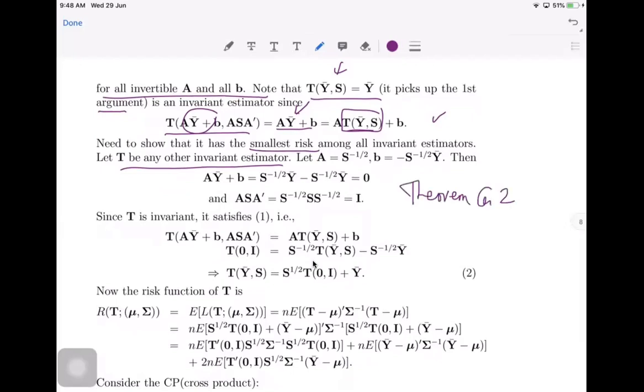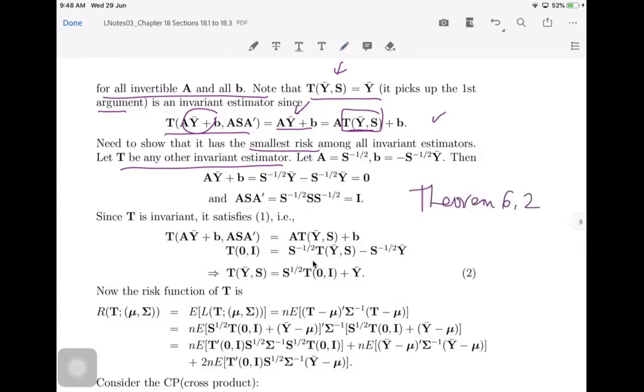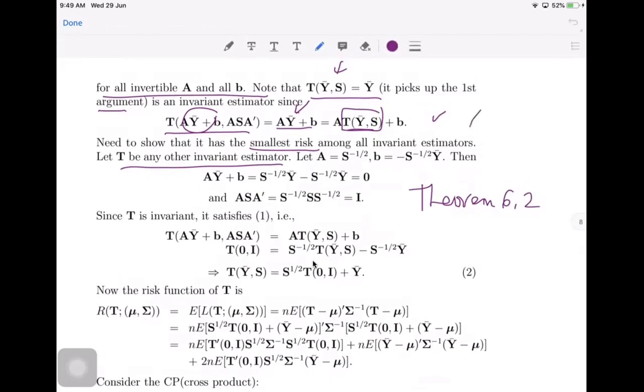If you look at Theorem 6.2, that is the parallel proof for Y bar being an invariant and best invariant estimator. Here, we just have A mu hat to be an estimator of A mu. So the flow is similar to that.